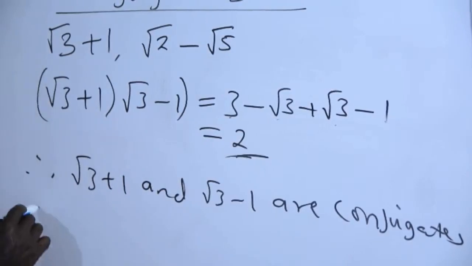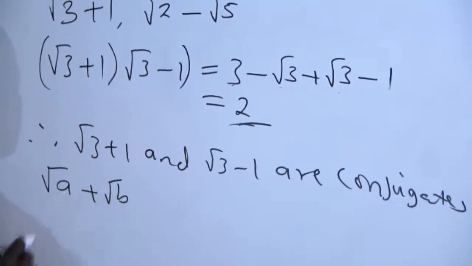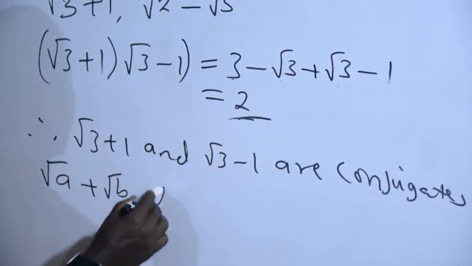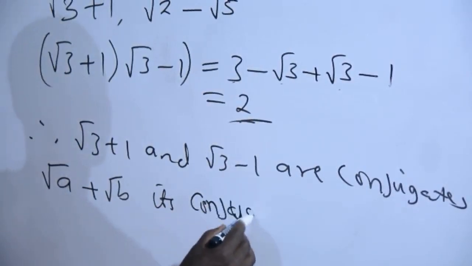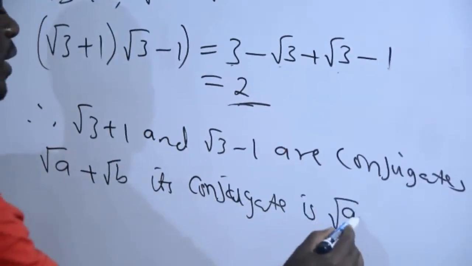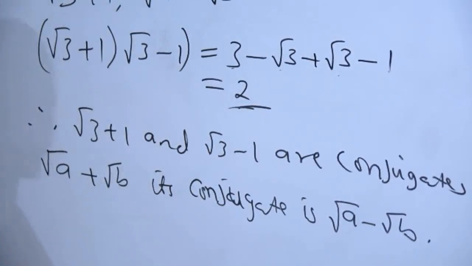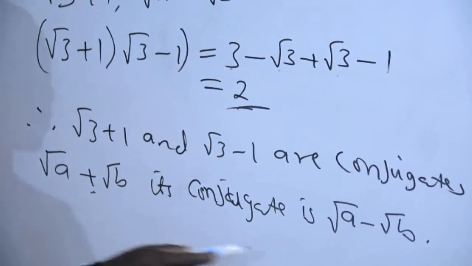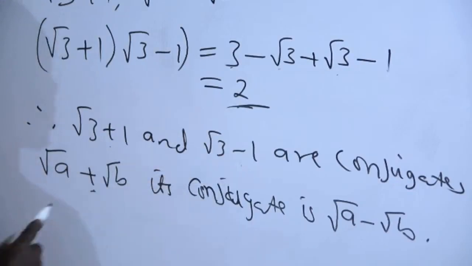Generally now, if I have square root of A plus square root of B, then its conjugate is square root of A minus square root of B. Okay, if you observe, the only difference here is the sign. Here is plus, here is minus.